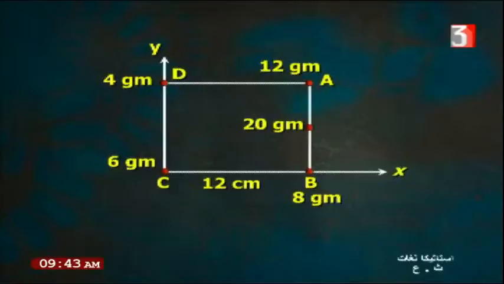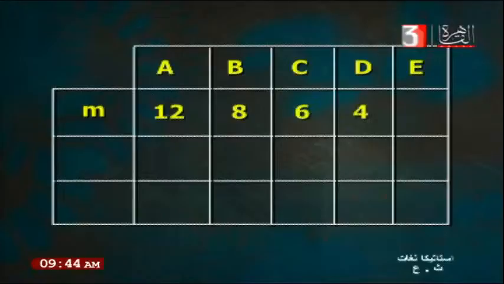Look at the table, my dear student. The first row represents point A, point B, point C, point D, point E. The second row represents mass: at A 12, at B 8, at C 6, at D 4, at E 20.